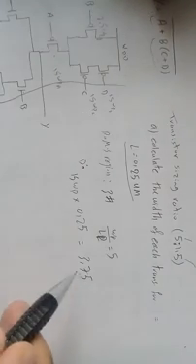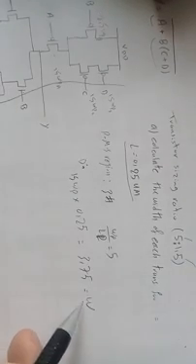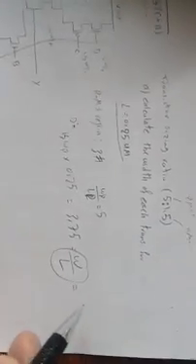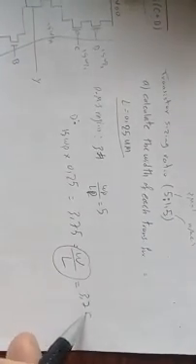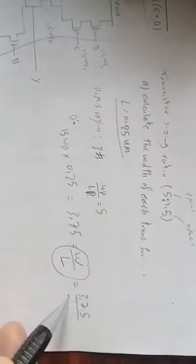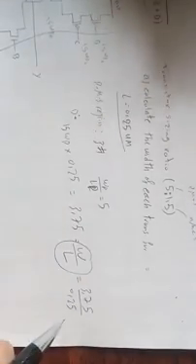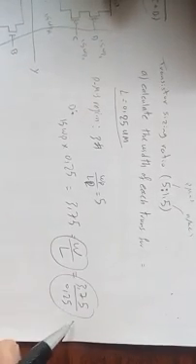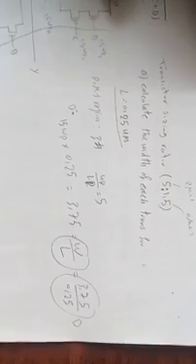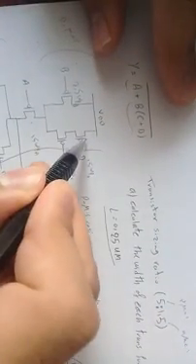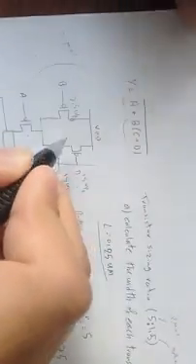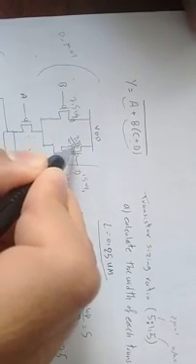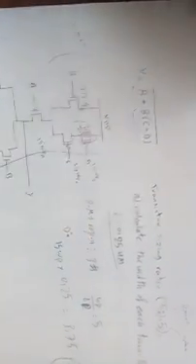By multiplying by L you can find the ratio. In the end it will be 3.75 over 0.25. That is the ratio of the D transistor. So we can write here 3.75 over 0.25. That's the ratio of this transistor.